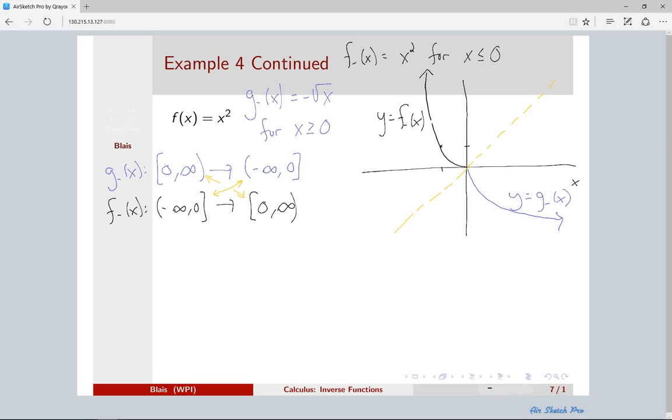Now we can check to actually see that these are inverse functions of one another. So let's look at f minus of g minus of x. So that g minus, by definition, is minus root x.